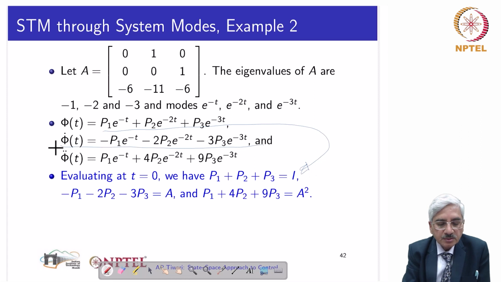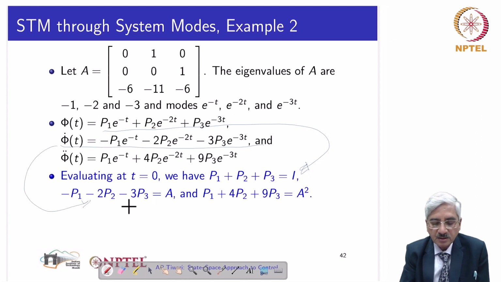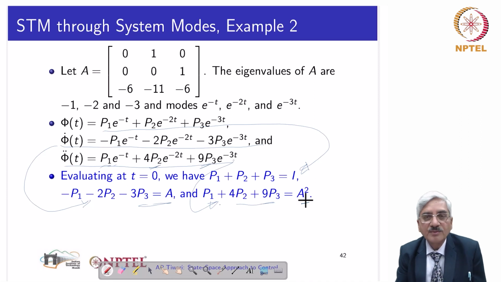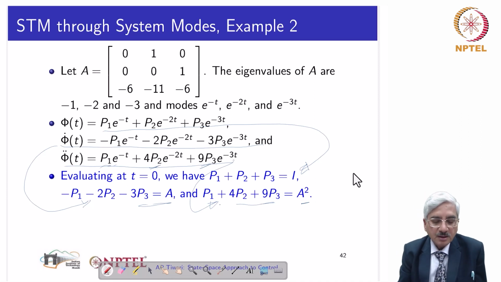This one leads to minus P1 minus 2P2 minus 3P3 equal to A matrix. And this one leads to P1 plus 4P2 plus 9P3 equal to A square, because phi double dot t evaluated at t equal to 0 is A square.